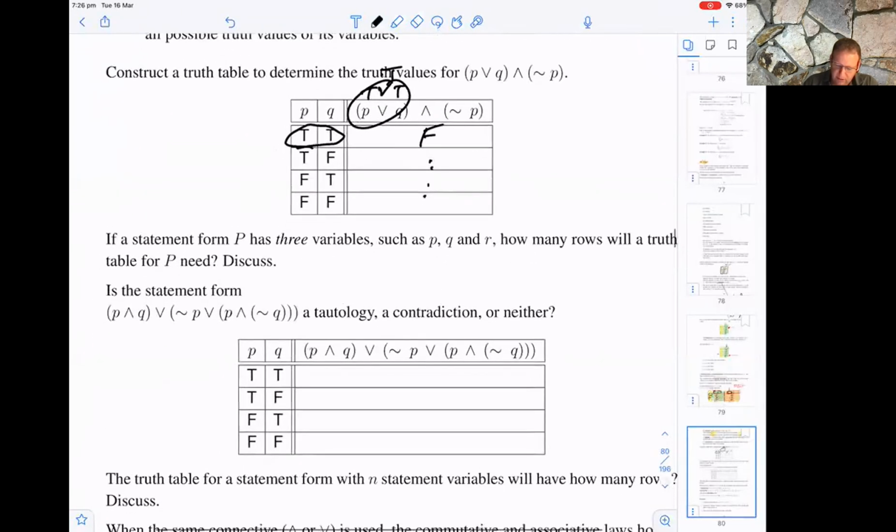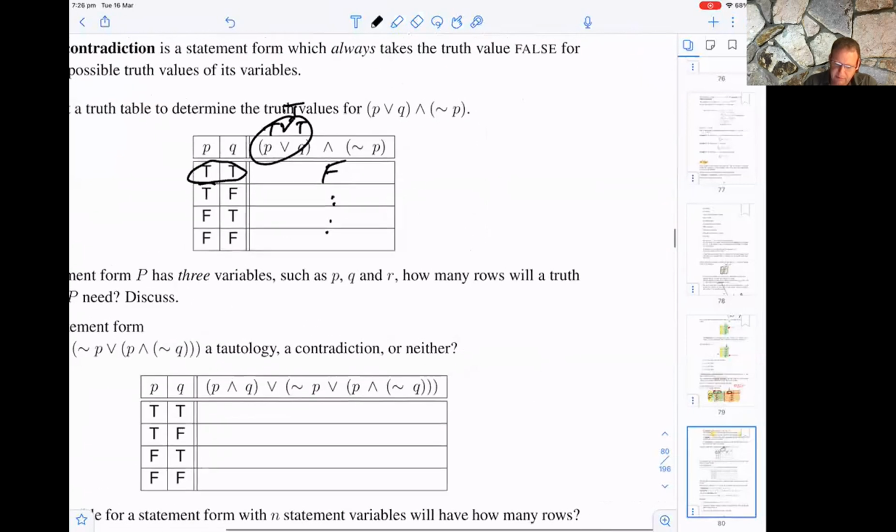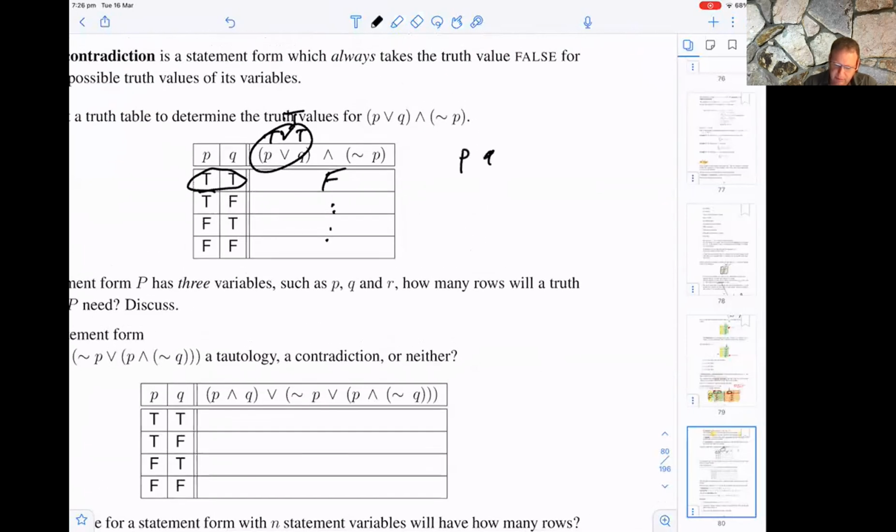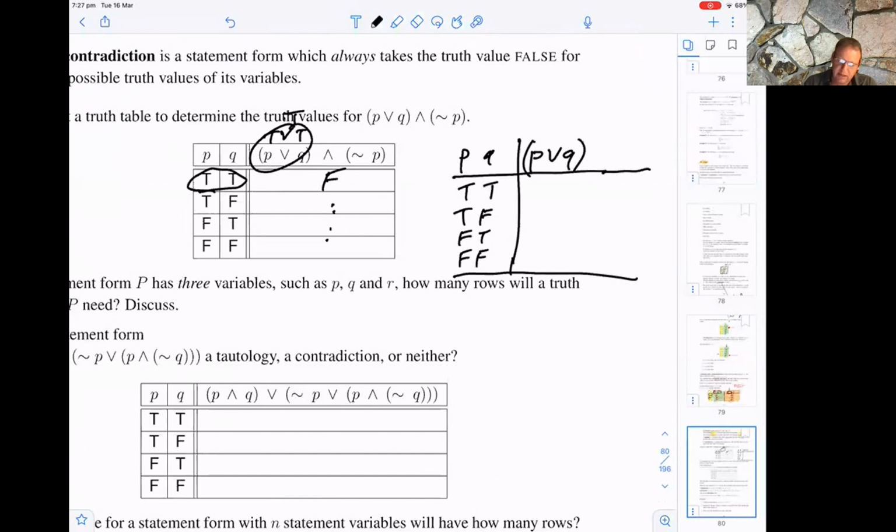So, a statement that's a tautology. Let's make a tautology ourselves. I thought this would be so P, Q. And the true, true, true, false, false, true, false, false. Of course, if you had more inputs, you'd have more combinations. So let's do P or Q. What's a tautology?